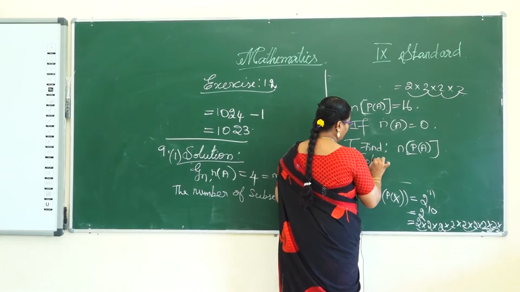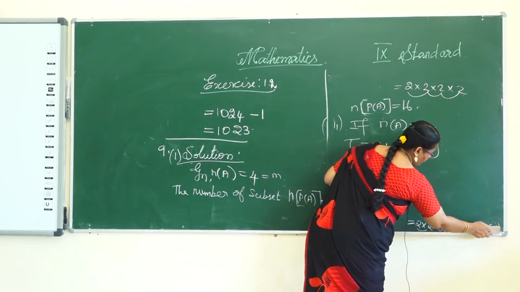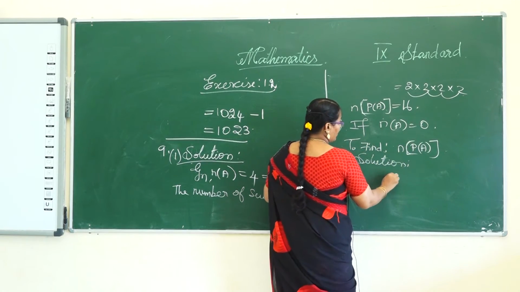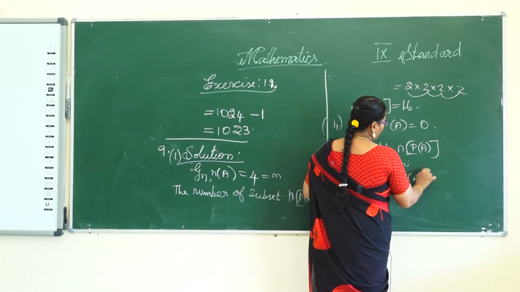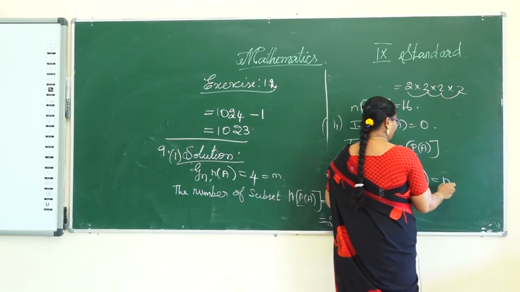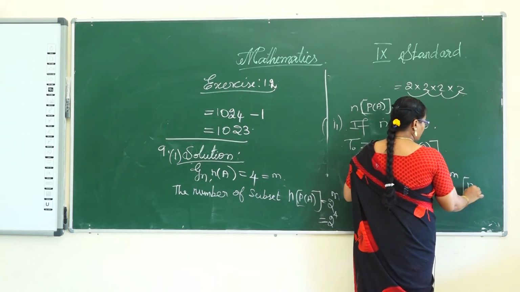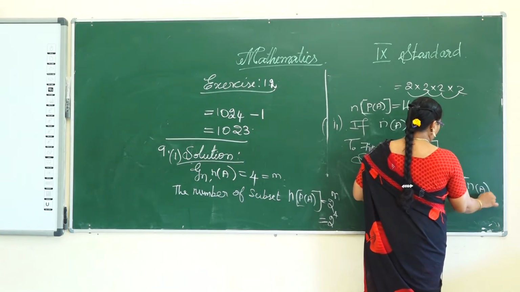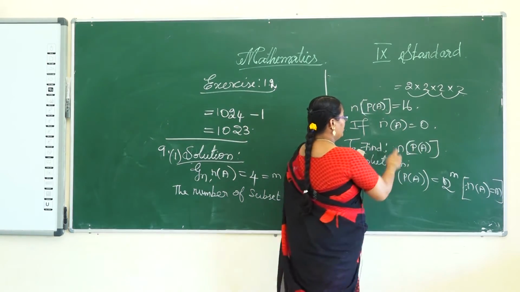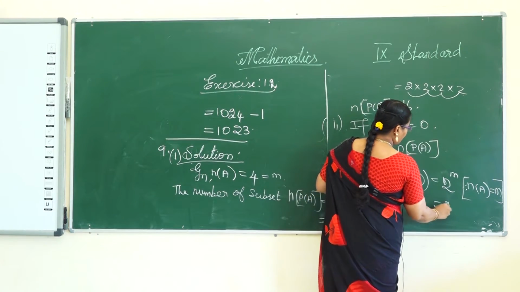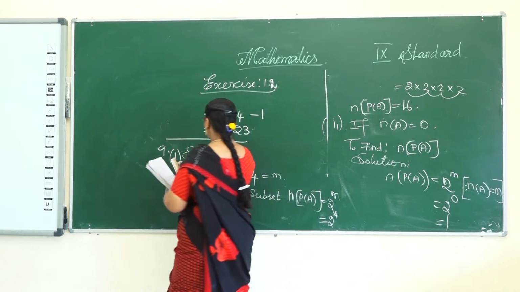Solution: n of P of A is equal to 2 power m, since n of A is equal to m. So n of A is equal to 0, so 2 power 0. Anything power 0 is 1.